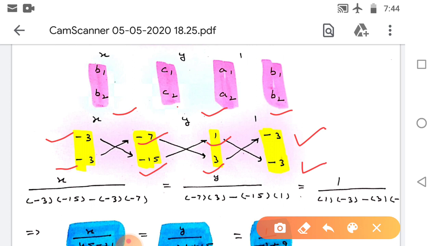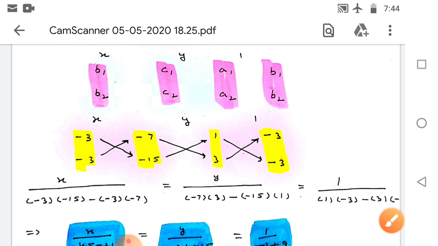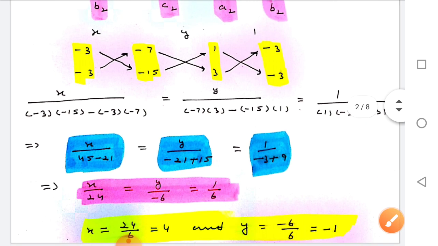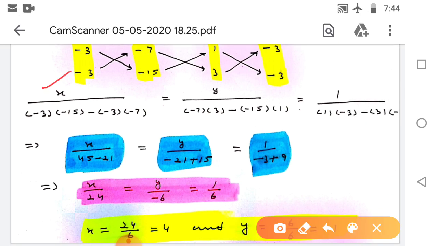Now, x upon, here, look, x upon minus 3 into minus 15. Minus sign, minus 3 into minus 7. Clear?